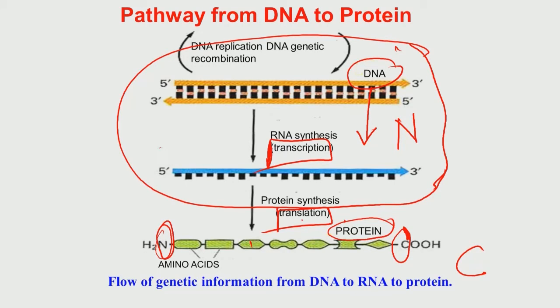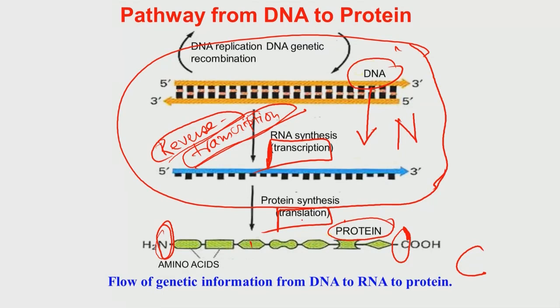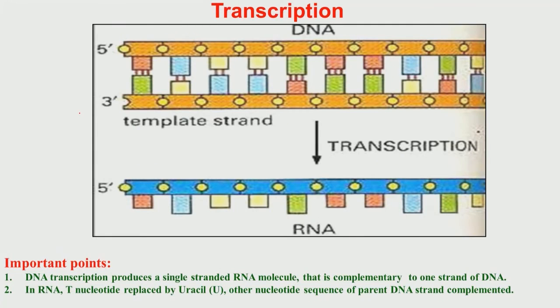But later on people found out that there is reverse transcription, that means the information contained in RNA can also change and form DNA. So, this reverse transcription process is also possible, and therefore this entire theory of transcription and translation in molecular biology is mentioned as the central dogma of molecular biology.